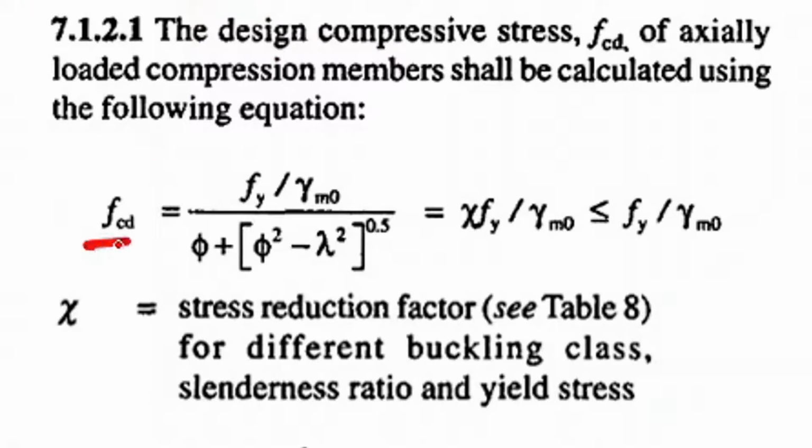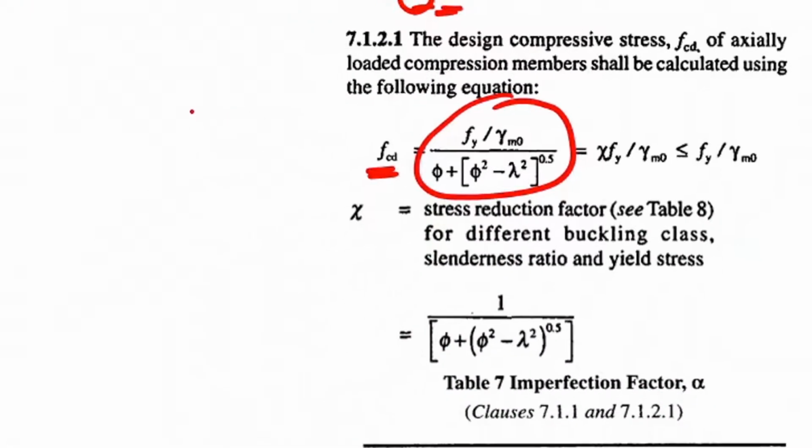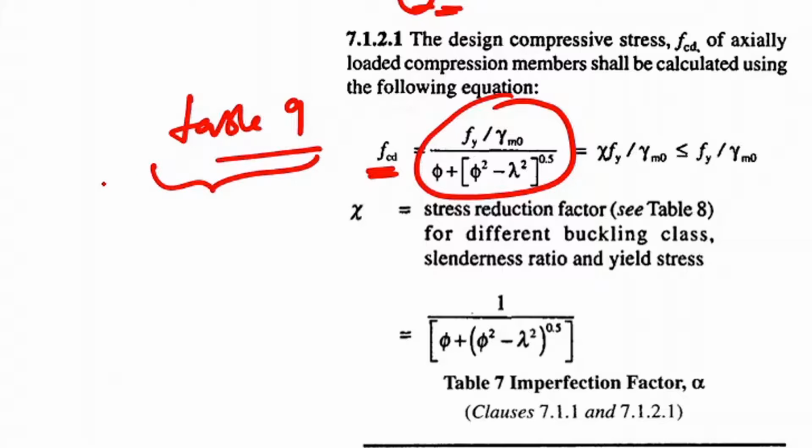If you want to calculate FCD, either you can use this equation or you can use table 9. In table 9, we have 4 different tables: 9A, 9B, 9C and 9D. Which table do I need to refer?